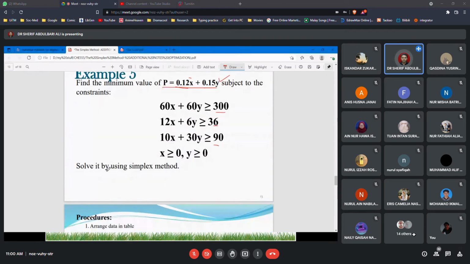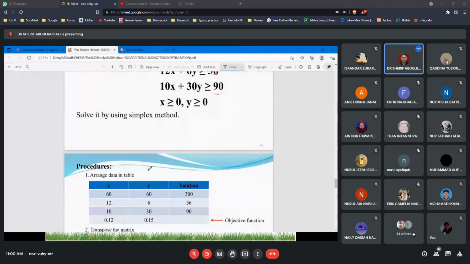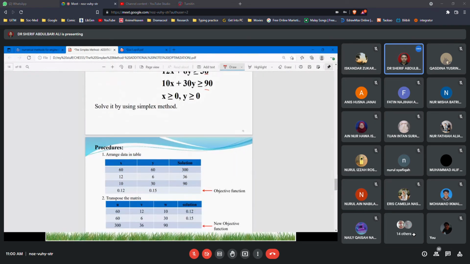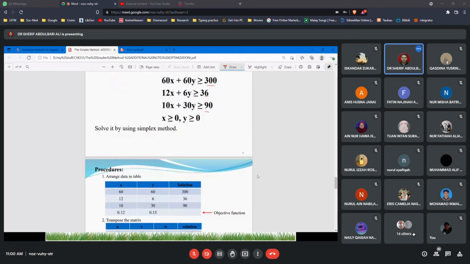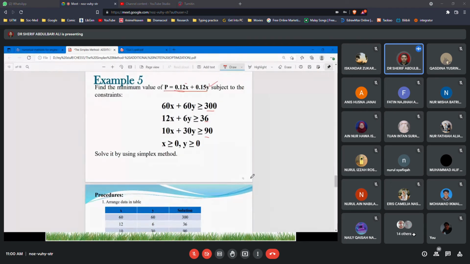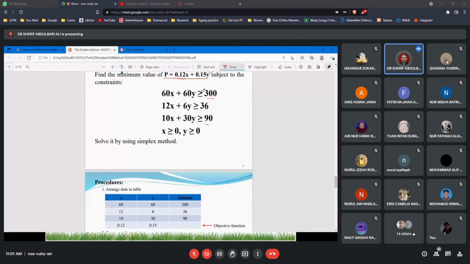So to solve it using the simplex method, you need to rearrange those values in the form of a matrix. But you need to make sure that the objective function is the last row. So let's see, you start with the constraint 60, 60, 300.